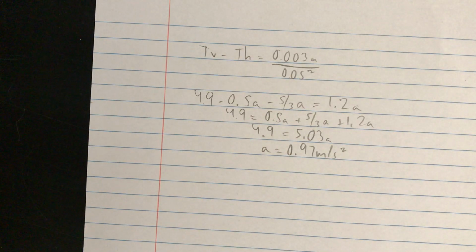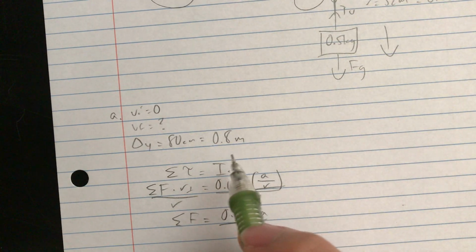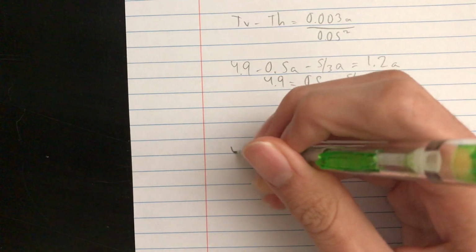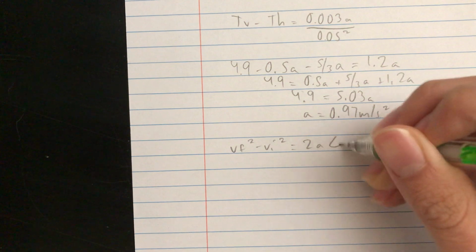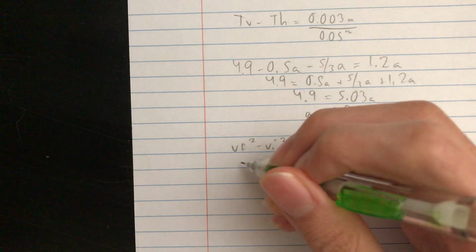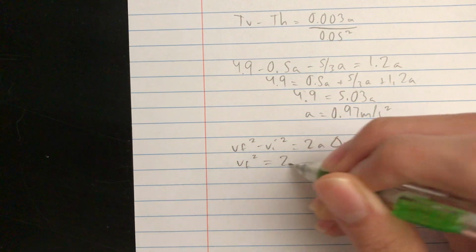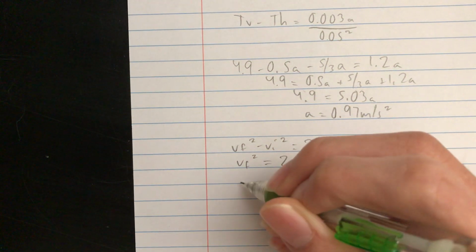Okay, that's not the entire part A. We have to find the final speed after it goes down 0.8 meters. We have a, Vi, Vf, and delta Y, so we use the kinematic equation: Vf squared minus Vi squared equals 2a delta Y. We're trying to find Vf, so we isolate it: Vf squared equals 2a delta Y plus Vi squared.